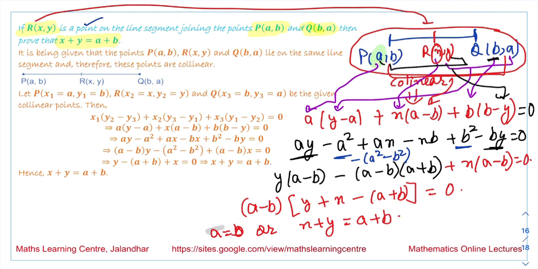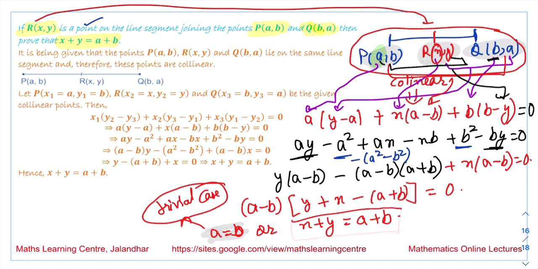If a is equal to b, then both these points will become the same. This point will also become the same. So that will lead to a trivial case. So what we are left with is that x plus y is equal to a plus b, and this is what we have to prove.